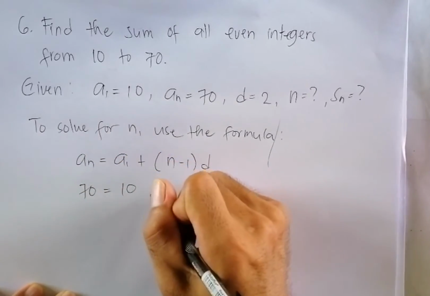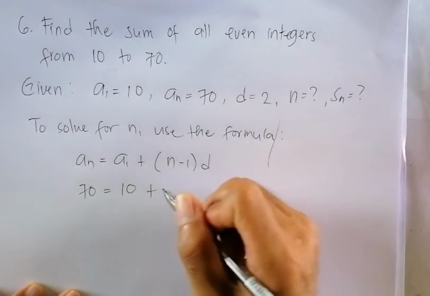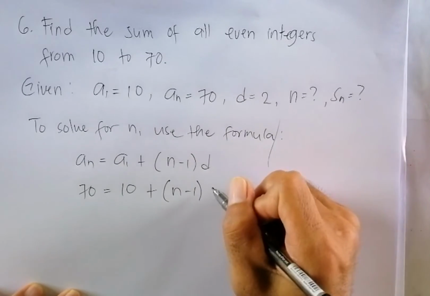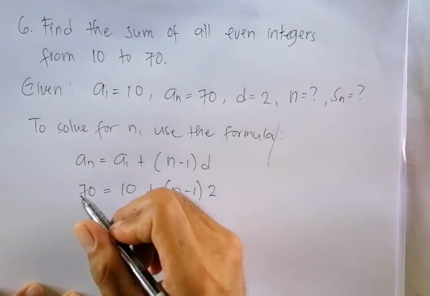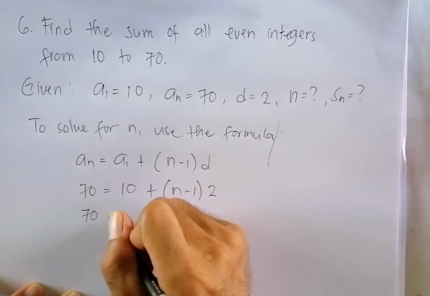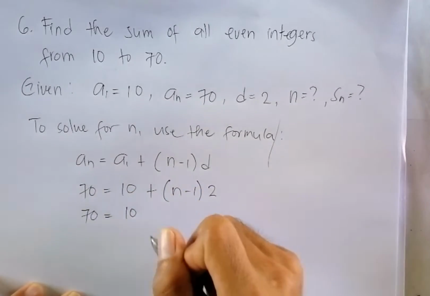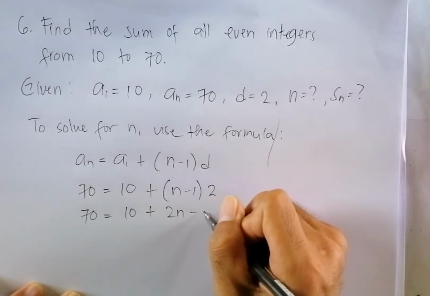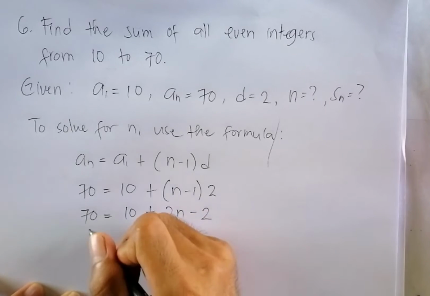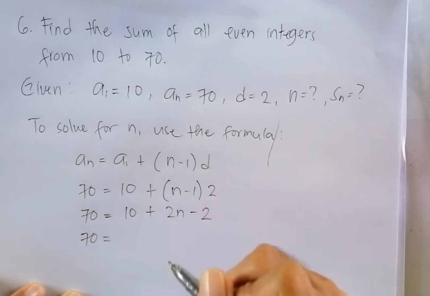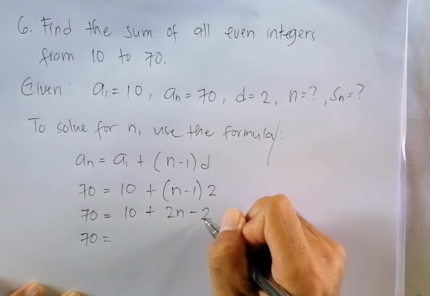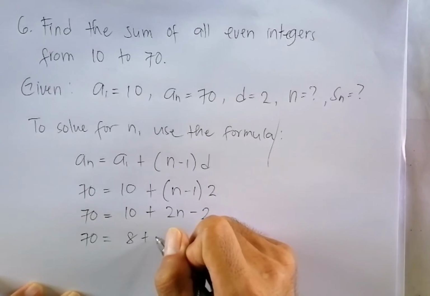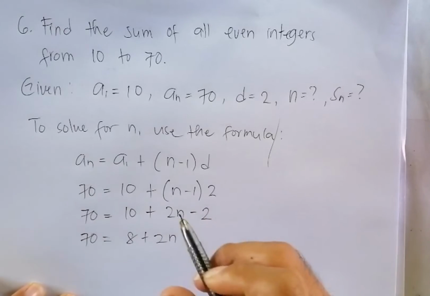So we have the value of a sub n is 70, a sub 1 is 10, then common difference 2. 70 is equal to 10, then distribute 2 times n, that is 2n, then 2 times negative 1, that is negative 2. Then combine 10 plus negative 2, or 10 minus 2, that is 8, plus 2n.